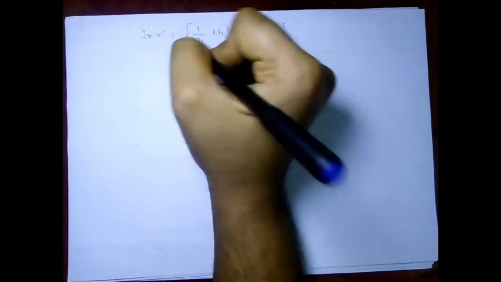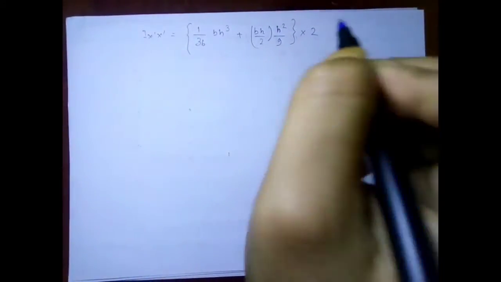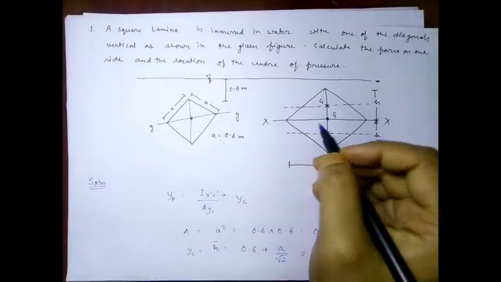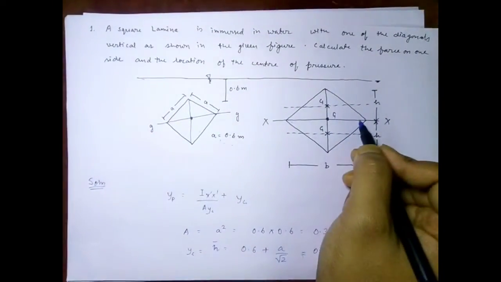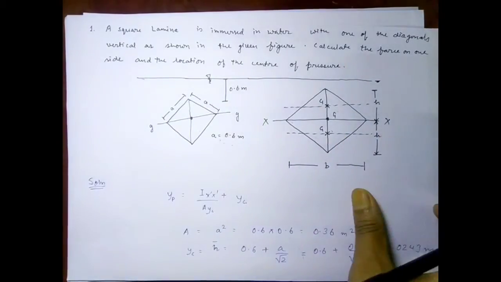This is basically for a triangle, and if we multiply it with 2, we will get it for the entire square.